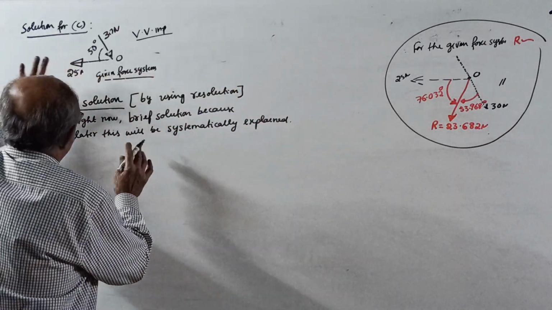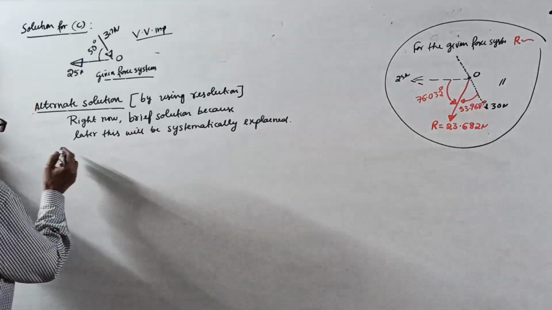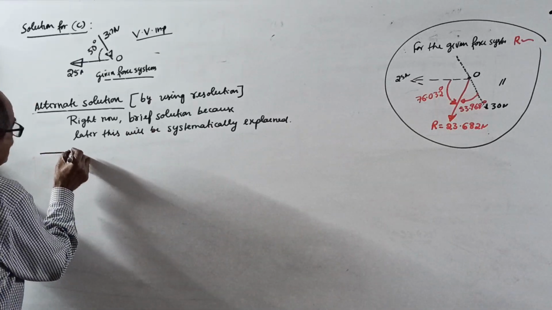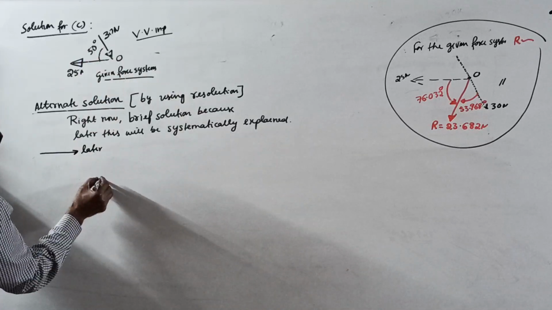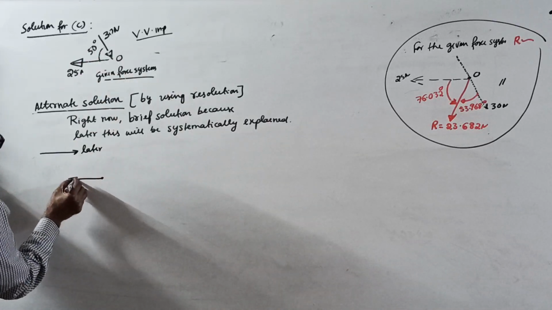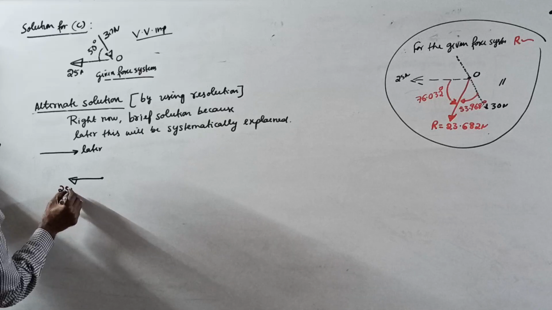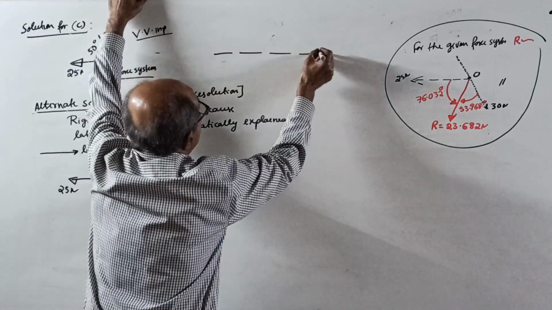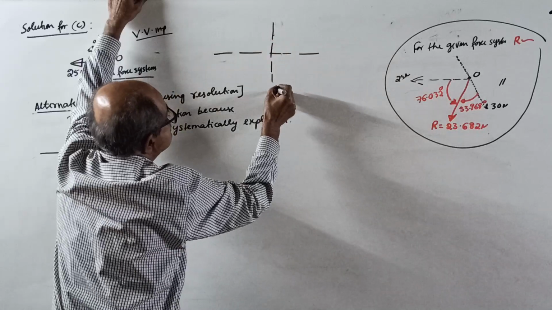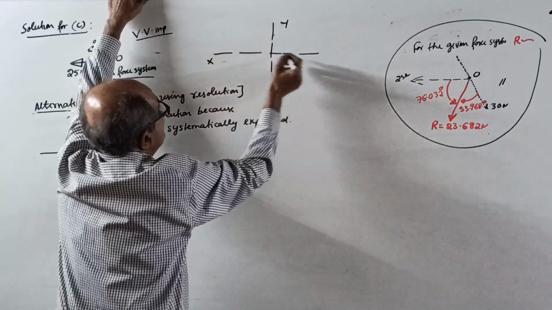Okay, start. First, the statement I am not writing. Right, everything will come systematically later. Okay, briefly, see, the 25 Newton force is like this. Point O. Before that, you write here, X'X and Y'Y.